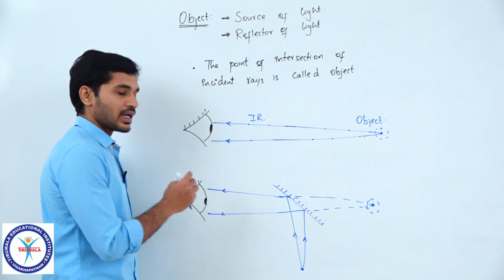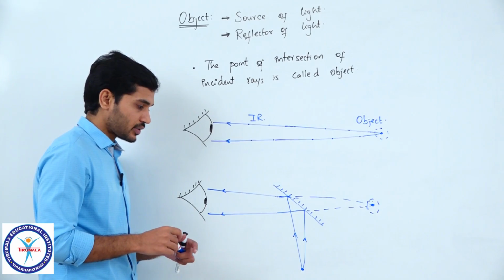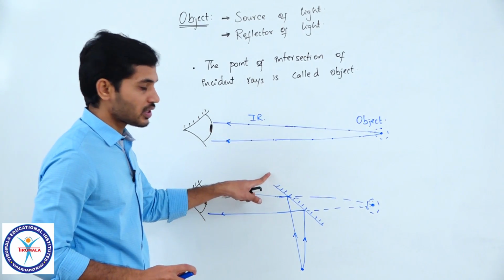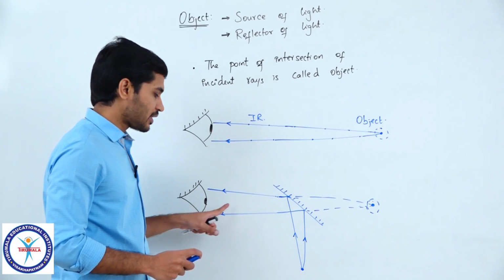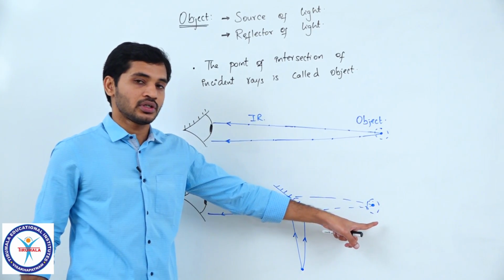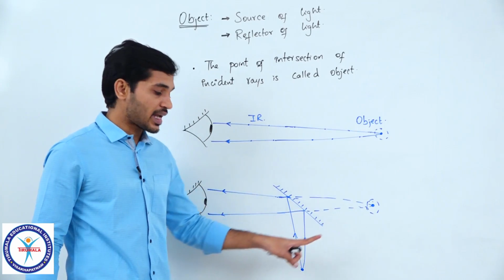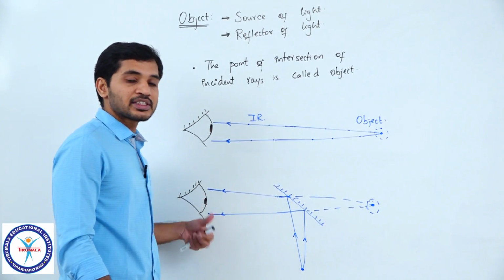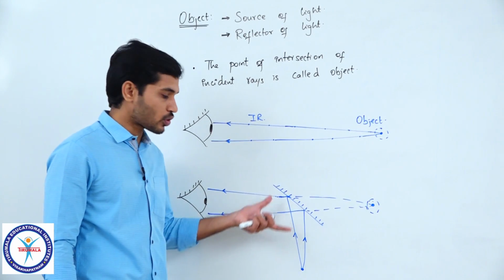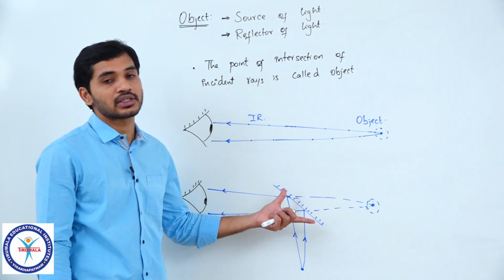So, what happened in this particular scenario is that because of the presence of the mirror, the mirror is making this person believe that the light rays are coming from here when the light rays are actually starting from here, which means this person's perception has changed because of the presence of this particular mirror.